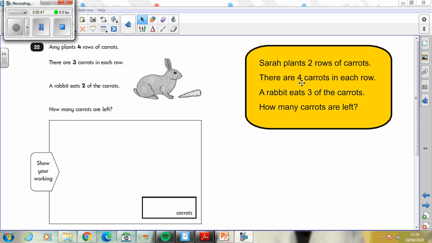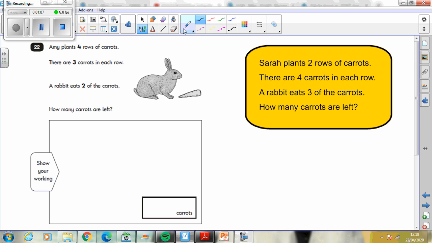In my example, Sarah plants 2 rows of carrots and there are 4 carrots in each row. A rabbit eats 3 of the carrots. How many carrots are left? So step 1, I need to work out first of all how many carrots Sarah plants.